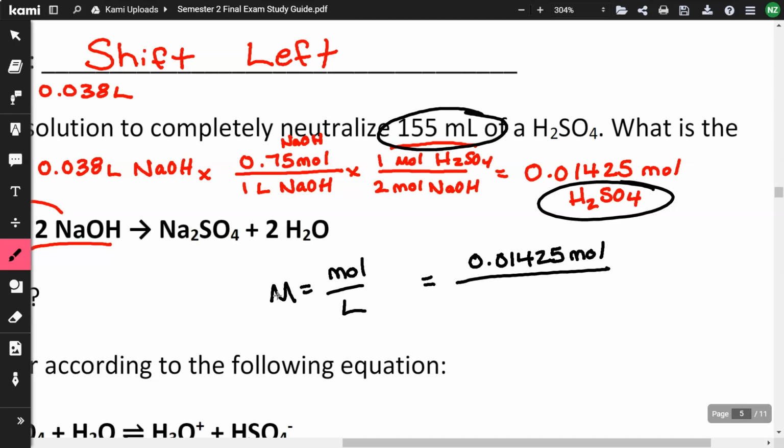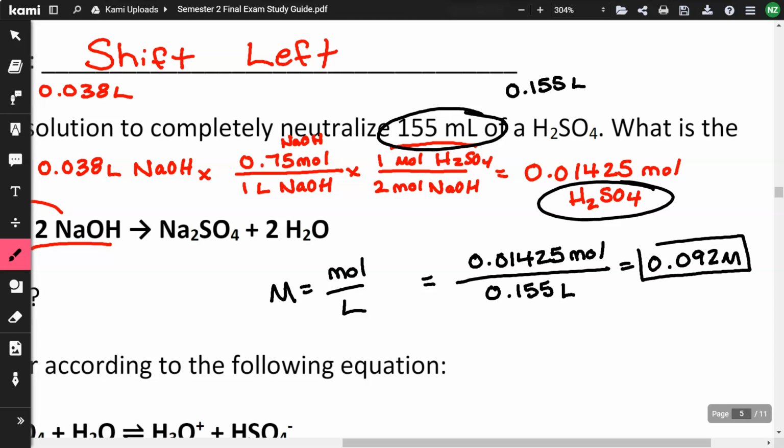The volume is 155 milliliters, which is 0.155 liters. And when you do the math here, you get 0.092 molar, which is pretty weak.